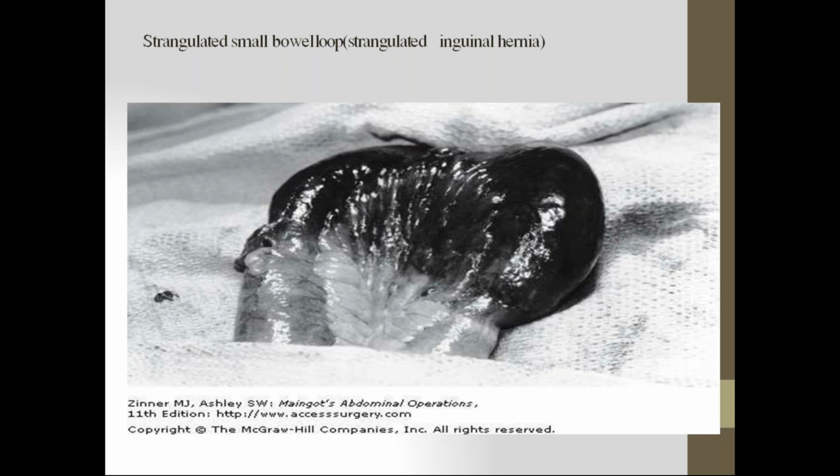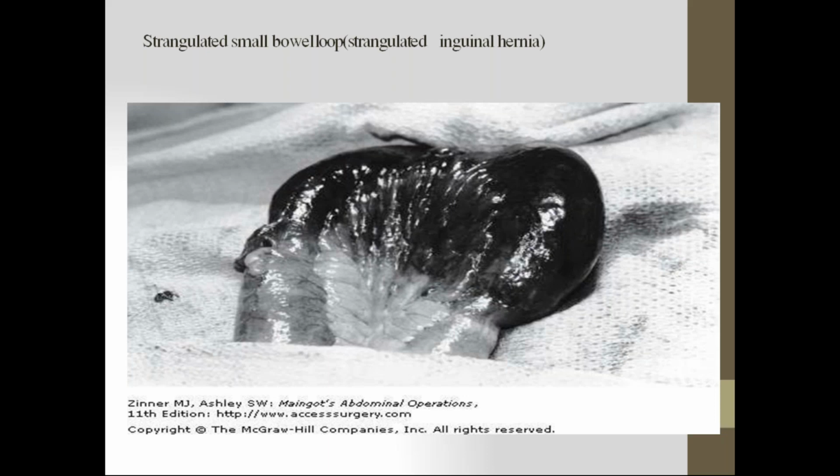If the bowel is viable, then we can reduce the contents into the peritoneal cavity and perform a simple herniorrhaphy. In septic conditions, we don't use a mesh. Whereas if the bowel is not viable, then we need to plan for a resection anastomosis of the small bowel or large bowel, whichever is involved.